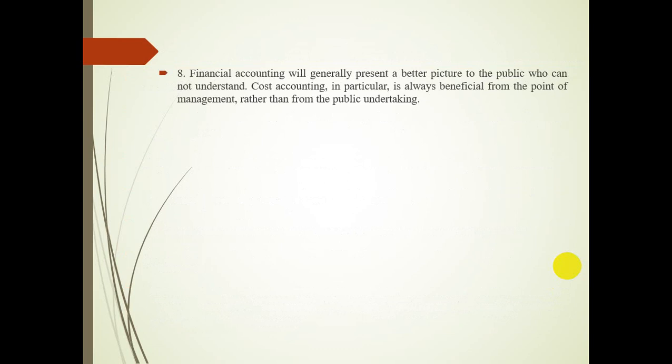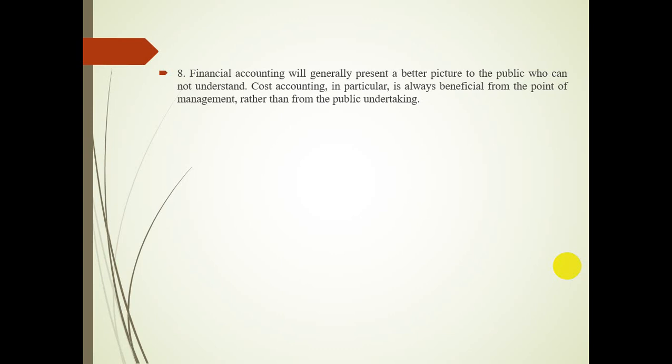The next one is that financial accounting generally gives a broad picture of a company, of what is going on. But cost accounting may not give a broad picture; it may be a picture of one good being produced or one service being provided.